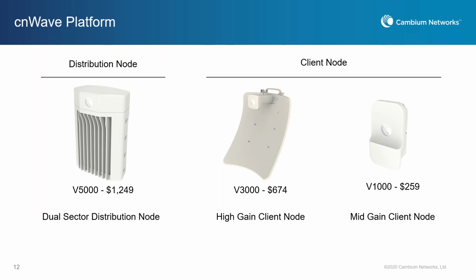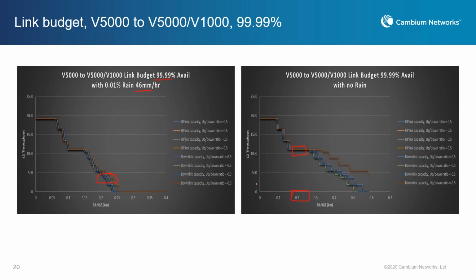Thanks, Alan. Next question is, can you go to the distance and MCS rate modulation and just talk through what would be the max distances for V5000, V1000, and V3000? Sure. So I think this one is showing the V5000 to V5000 or V5000 to V1000. The distances are the same. As we said, the left chart is showing the 4.9 with 46 millimeters per hour rain rate.